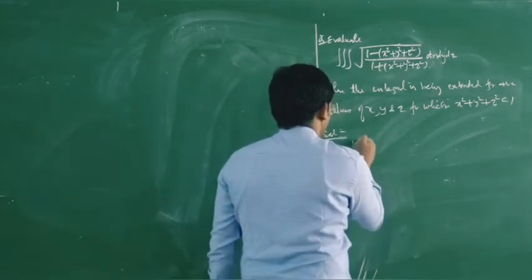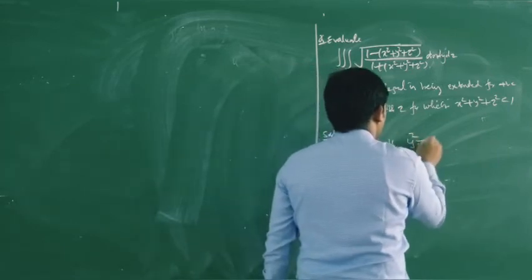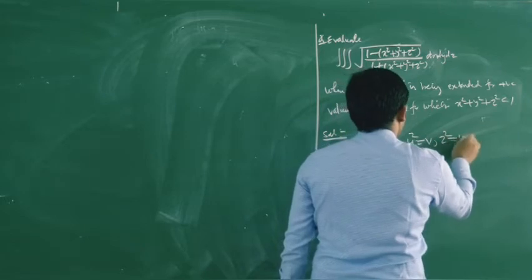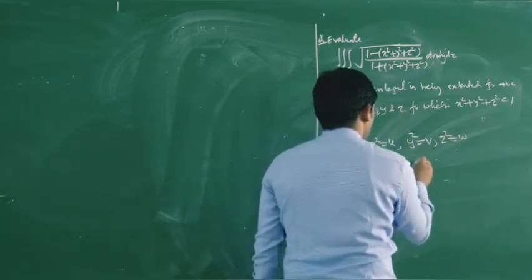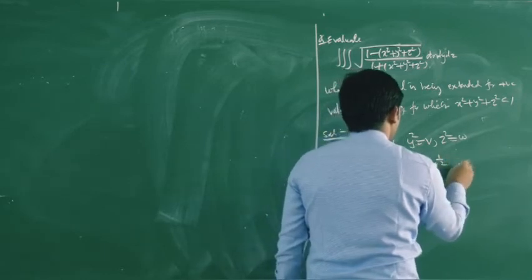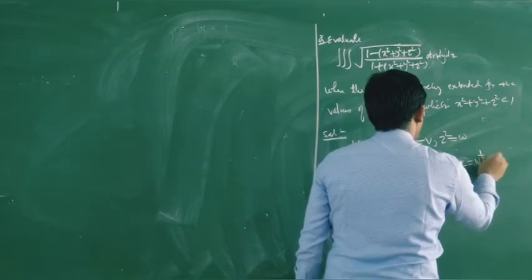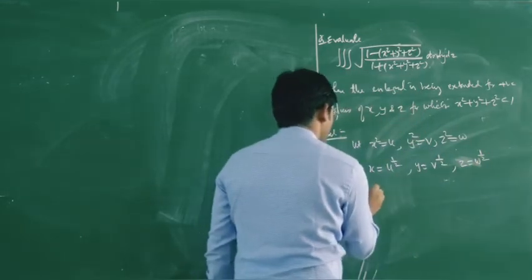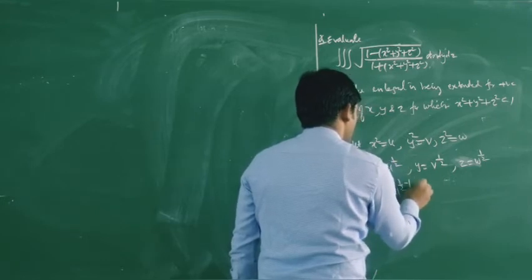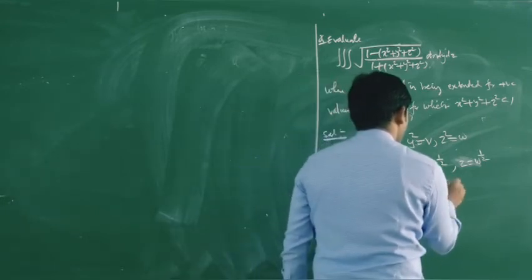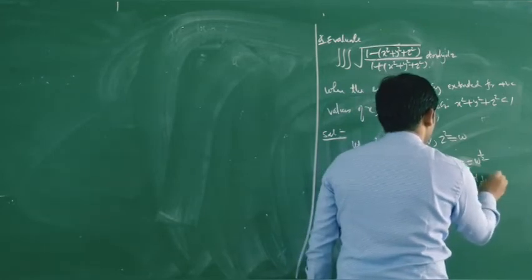Let us assume x square as u, y square as v, z square as w. Then your x will be u power half, your y will be v power half, and z will be w power half. So your dx is equal to 1 by 2 u power half minus 1 du. Your dy will be 1 by 2 v power half minus 1 into dv.